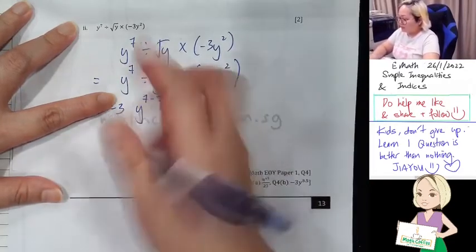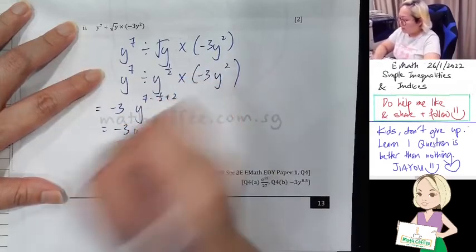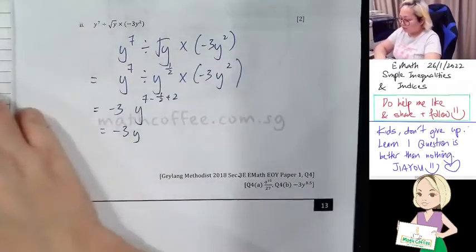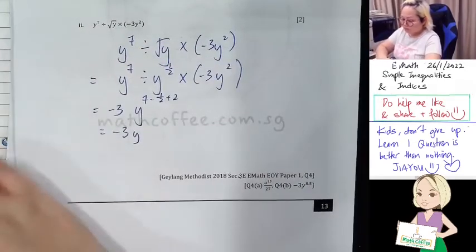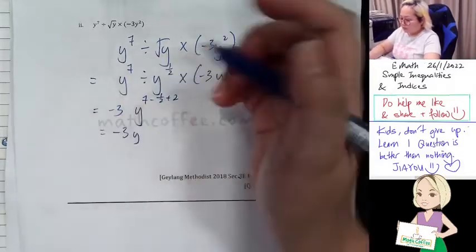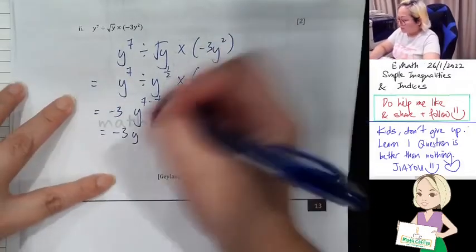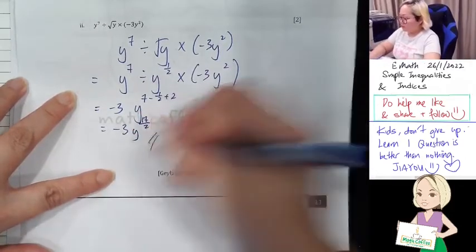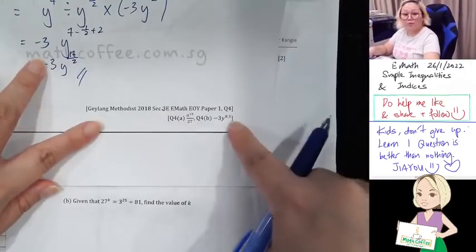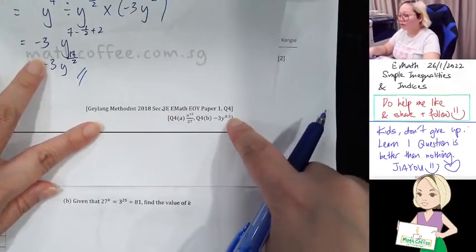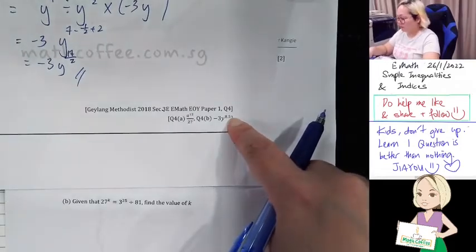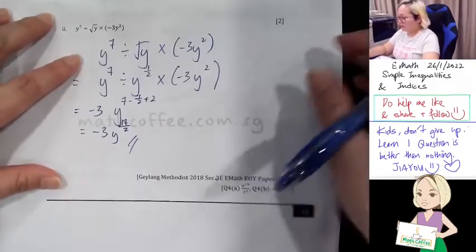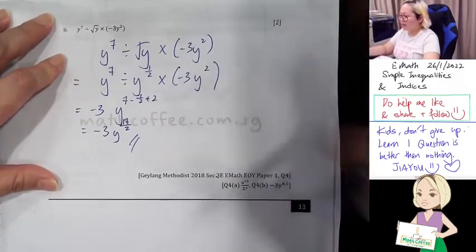And this one I simplify, so it's minus 3y to the power of 17 over 2. Okay, so you can leave it like this, or if you want to put the answer, you can put 8.5 also, because 17 over 2 is the same value as 8.5. Done. Easy, this one I never do anything much.